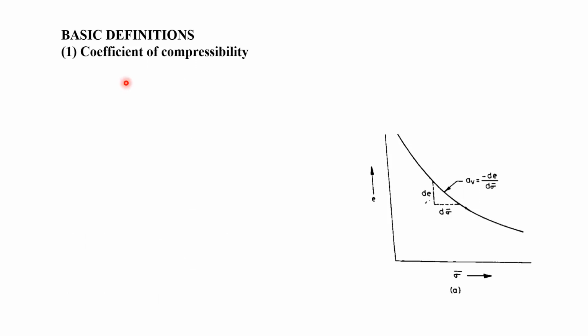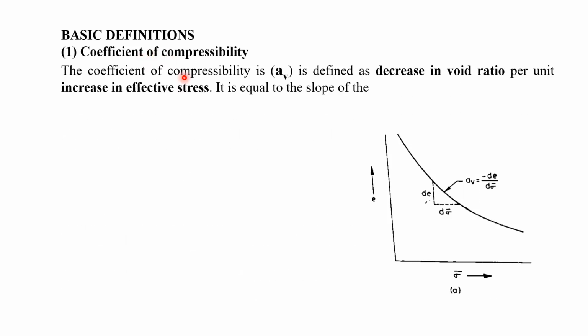So the first definition is coefficient of compressibility. See, whenever you plot the graphs in between the void ratio and effective stress, right? So what is said is that the coefficient of compressibility is defined as the decrease in void ratio per unit increase in effective stress. You can see this curve, okay?